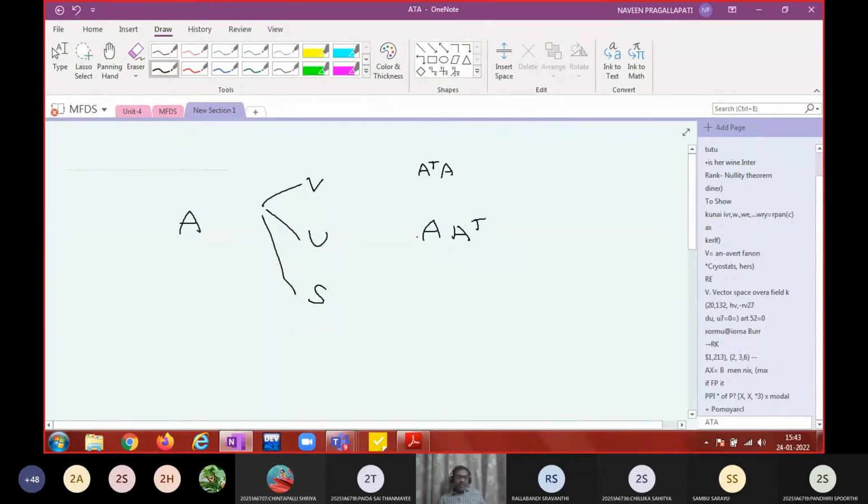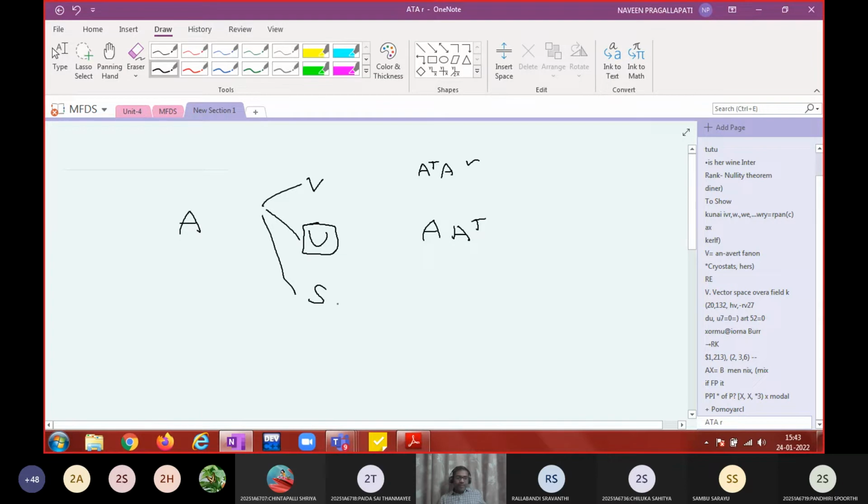Some part of this U can be obtained through the vectors of V. If any remaining vectors are there, they can be obtained through the eigenvectors corresponding to lambda equal to 0 of A A transpose.